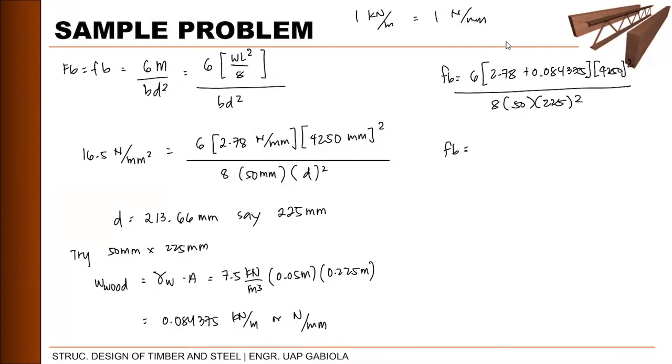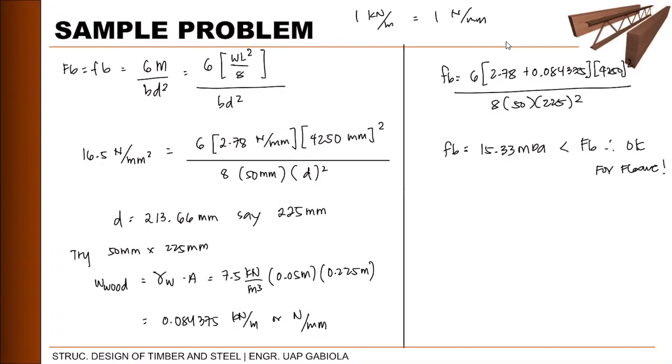So yung actual value ng flexure natin will be equal siya sa 15.33 MPa, which is less than dun sa ating FB. So therefore, okay for flexure na tayo. Okay? So, ayun. So, yun yung ating unang cross-section.